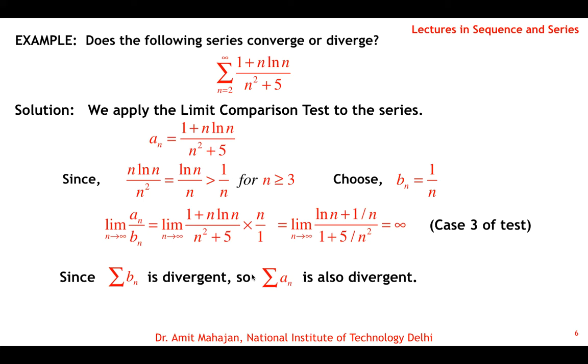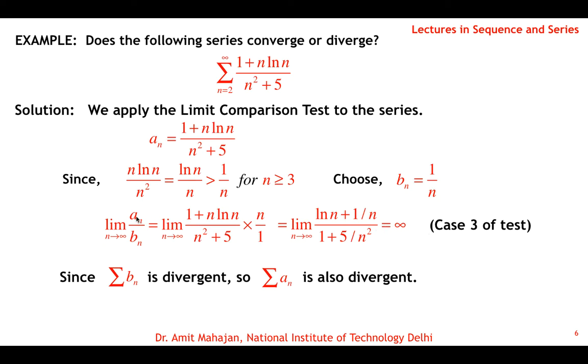As I said, we chose bn as 1 by n, but you could have also taken bn to be log n by n. In that case we would have substituted n by log n here. This could have been rewritten because log n will be divided, so it will be 1 plus 1 by n log n. When n goes large, these two terms will be 0 and we'll have 1 by 1. So this number would have come to be 1, which is a positive finite number.